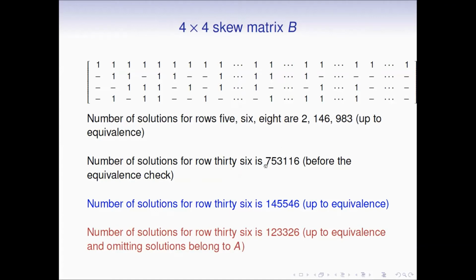We find about 700,000 solutions. And after equivalence check, we find about 145,000 solutions. Some of the solutions were considered before in matrix A, so we remove those solutions and we find this number.